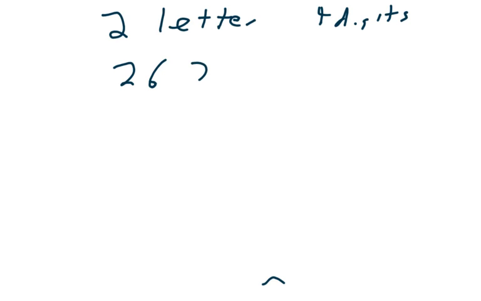In problem number 3, they have a license plate where we need 2 letters and 4 digits. And we need 2 letters followed by 4 digits. So there are 26 letters, and we're not told that we're not allowed to repeat the letters, so I'm going to do 26 times 26.